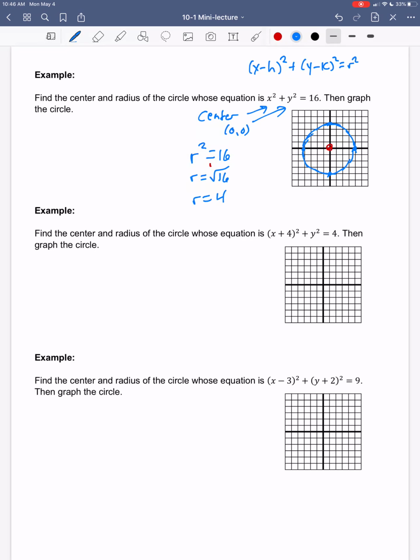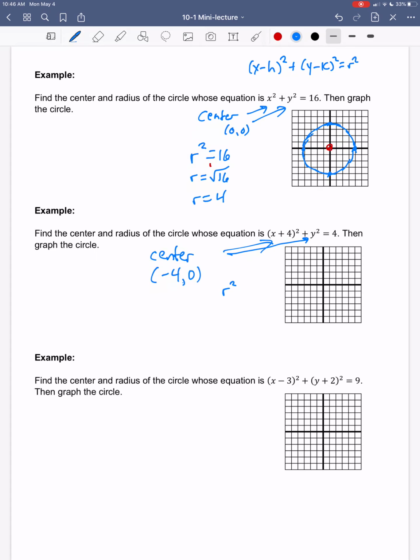Okay, how about this one then? Well, when I look at this here, it's sort of like the vertex of a parabola. What would I have to put in to get 0 out here and 0 out here? Well, I'd have to put in x equals -4, and I'd just have to put in y equals 0. So my center is at -4, comma 0.